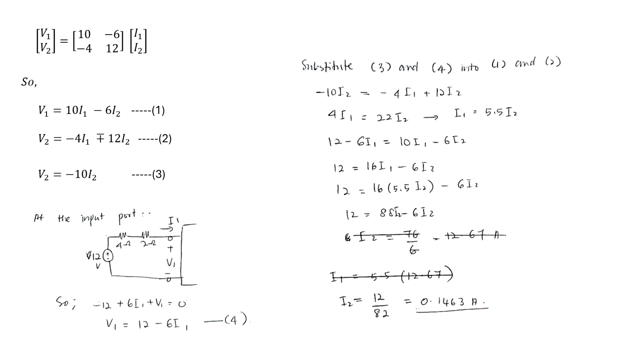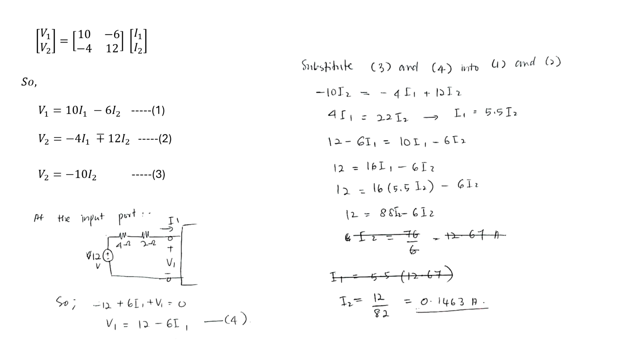Then if we look at the circuit again, we can also solve it using mesh analysis, and I believe we can change the current source to a voltage source using source transformation, and we get 12 volts. So you solve using mesh analysis: negative 12 plus 6I1 plus V1, and we get V1 equals 12 minus 6I1.